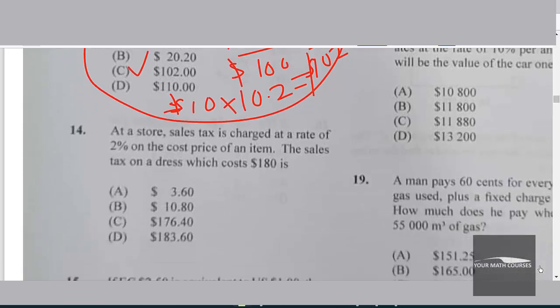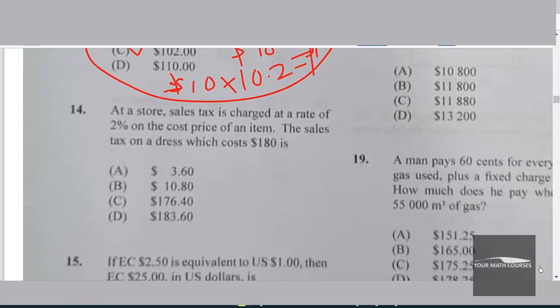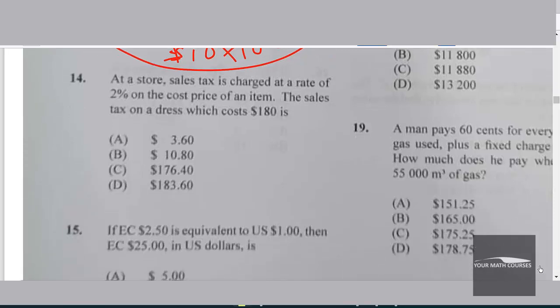At a store, sales tax is charged at a rate of 2% on the cost price of an item. The sales tax on a dress which costs $180 is, so we have to calculate 2% of $180.